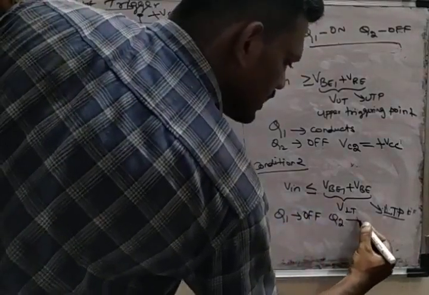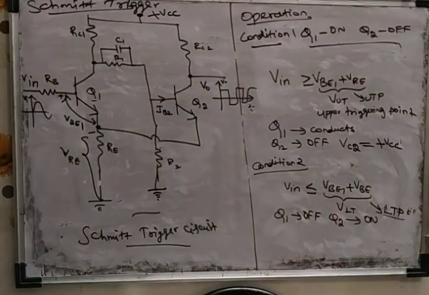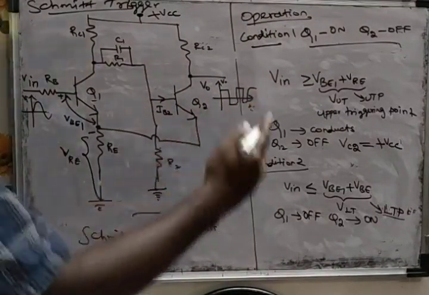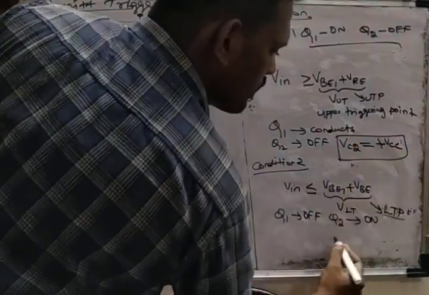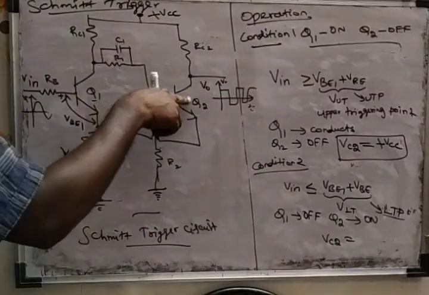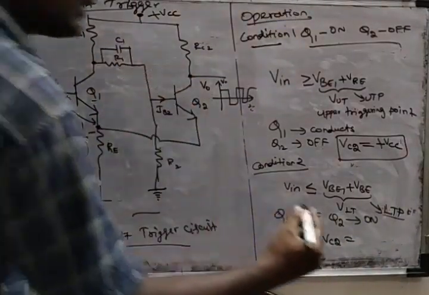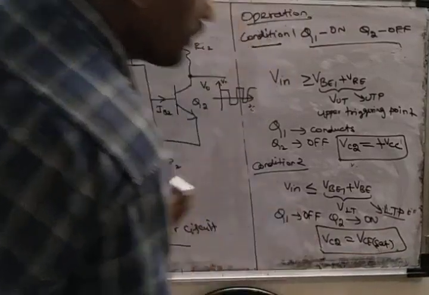Q2 starts conducting. We know that if transistor Q2 is on, its collector voltage VC2 is VCE saturation, which is approximately 0.2 volt.